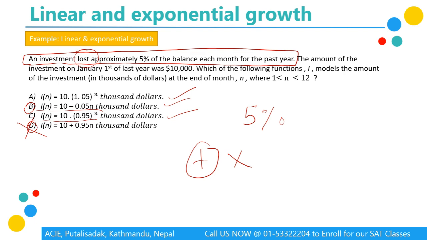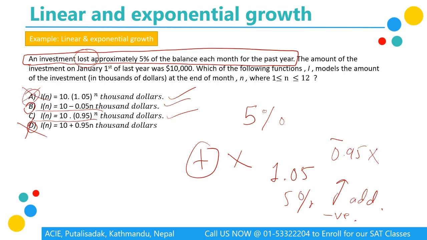It's not D, and it's a loss again. 1.05 would be for a 5% addition, but in this case it's being minus. So it's either going to be multiplied by 0.95 or it's supposed to be minus. So A can also not be our answer. So it's either B or C.